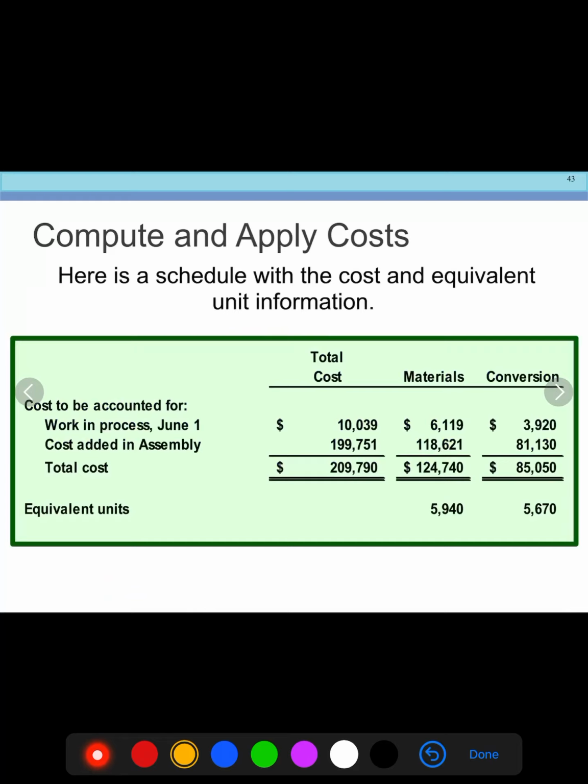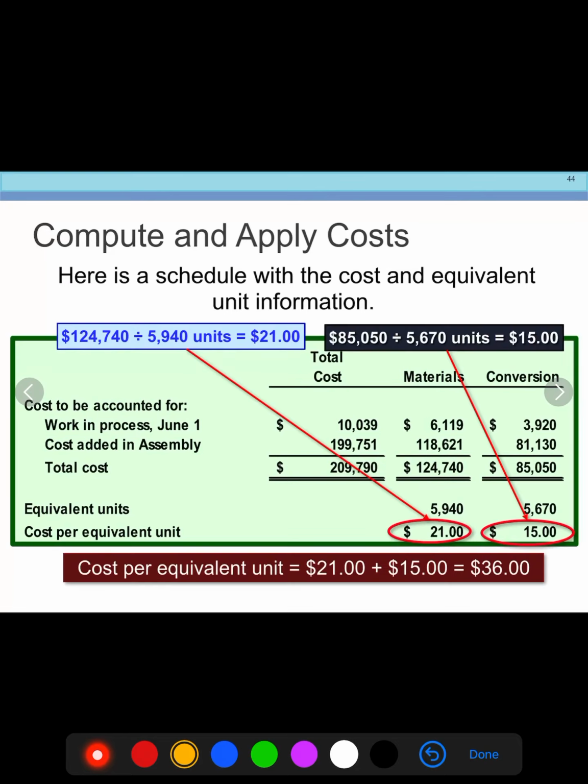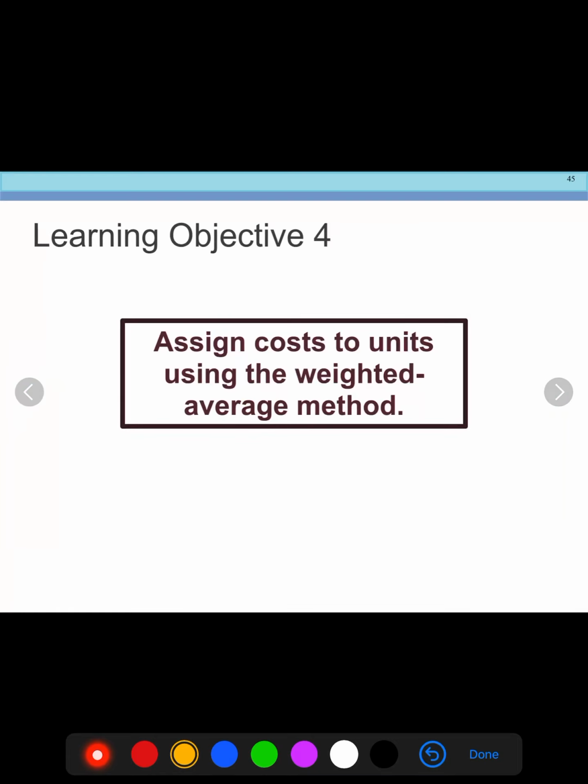Okay, so in this case, you just get the total cost, and then you just divide it by the EUP. So 124 divided by 5940, that's 21. 85050 divided by 5670, that's 15.